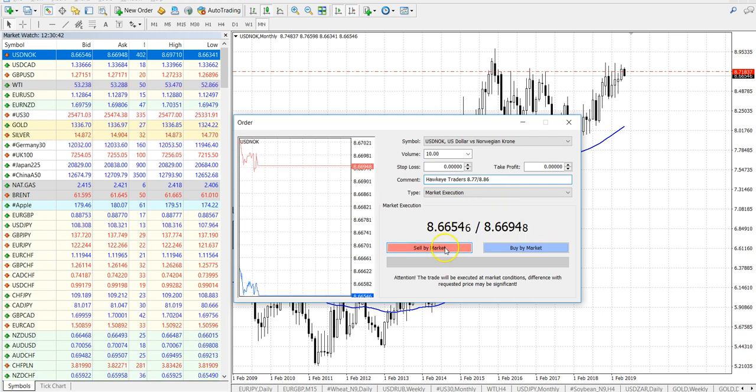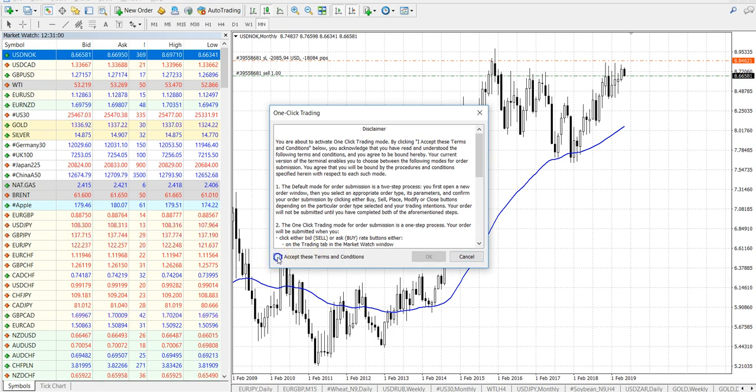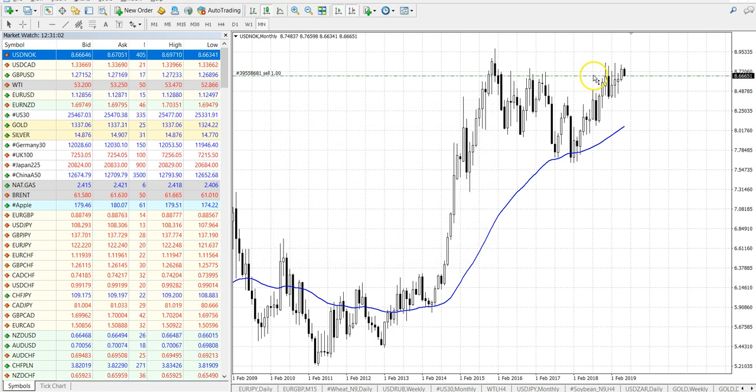Now we have that information, and I'm going to start first. I take one trade. I have my first trade. I'm now going to remove this horizontal line and go for my first trade. Let me just remove this.